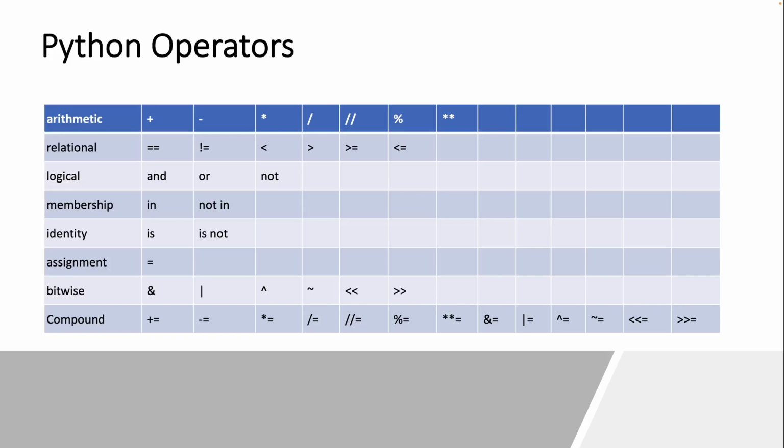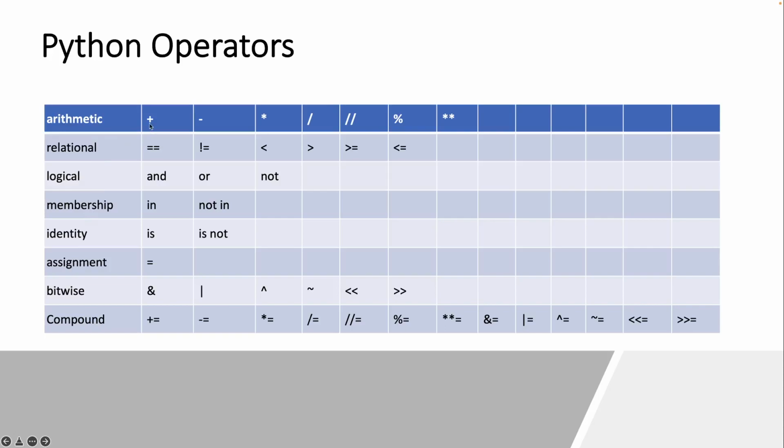If you want to perform any operation, if you want to calculate something, you would create an expression combining operands and operators. So an operator is a symbol that acts on operands. These are the broadly categorized operators.